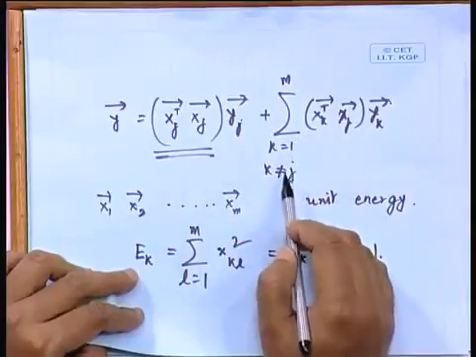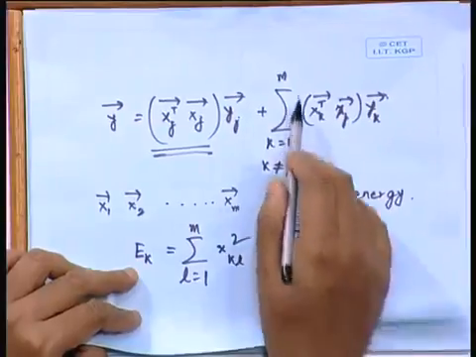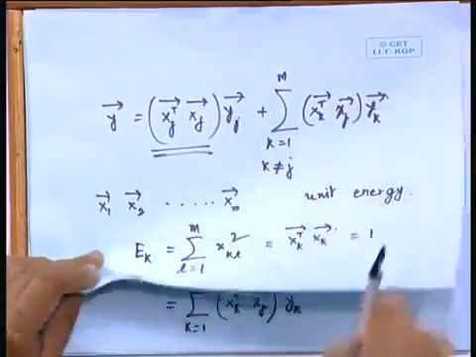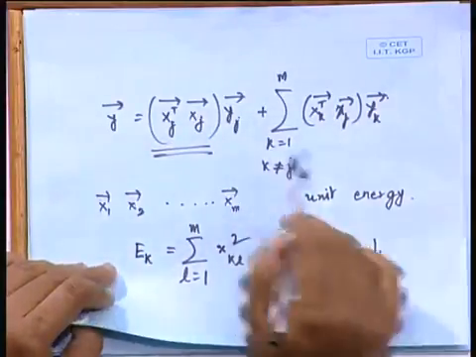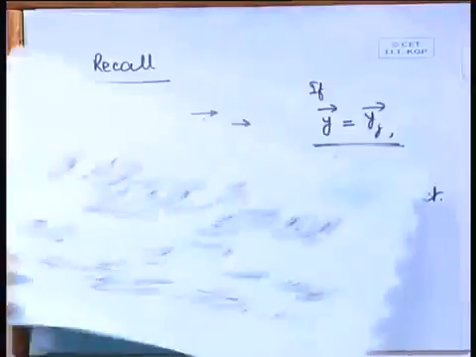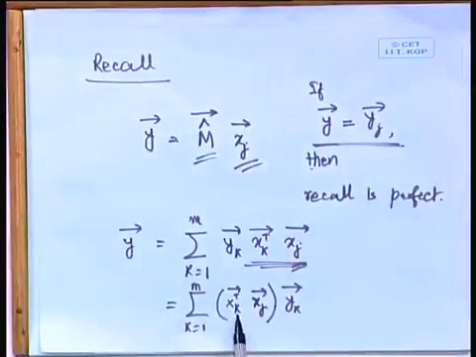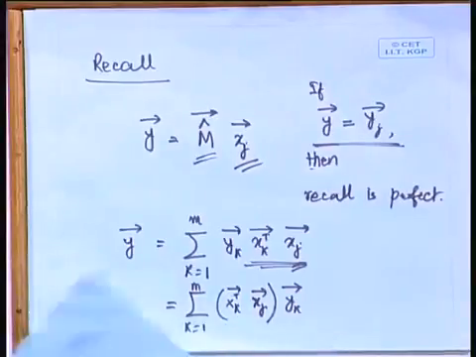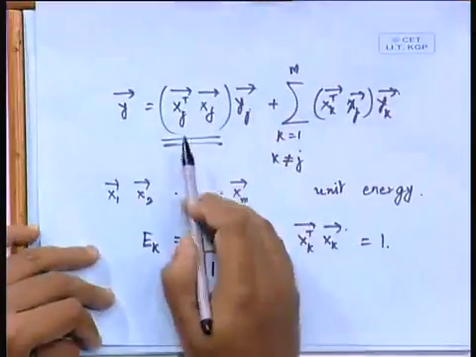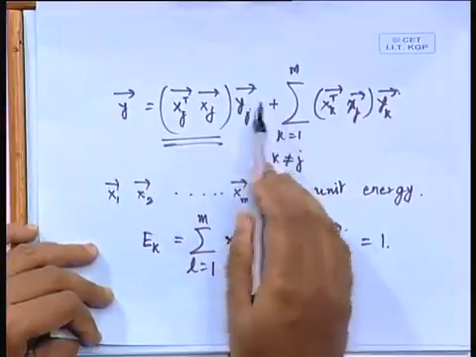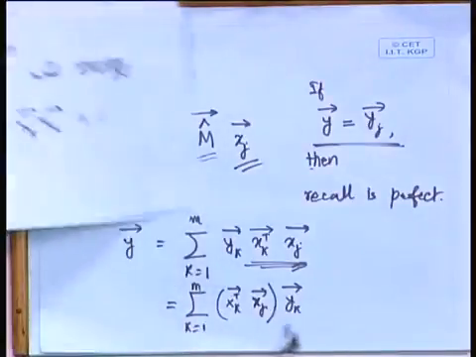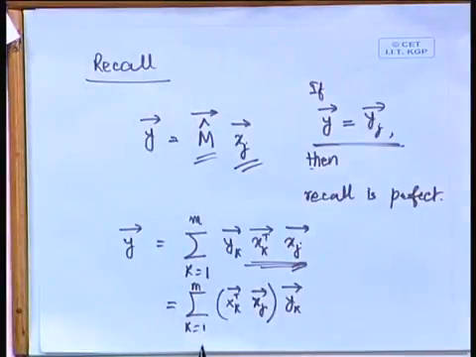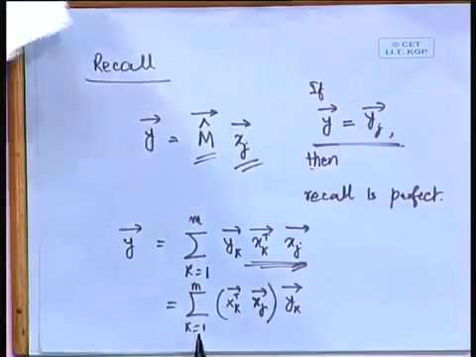I mean, we took k not equal to j, k equal to 1 to m as one side, and out of this summation we had taken out the case where k is equal to j. So from this expression, by substituting k equal to j, we obtained Xj transpose Xj times Yj, all vectors mind you, plus the summation term remaining as it is, except that here we are summing for k not equal to j, for k equal to 1 to m.